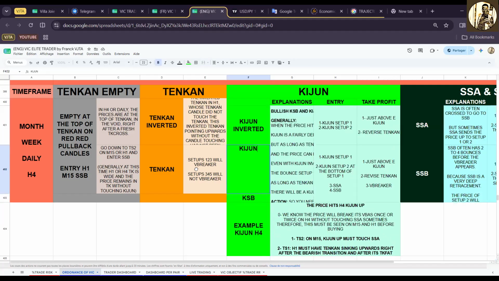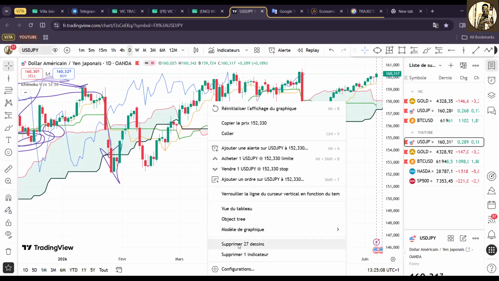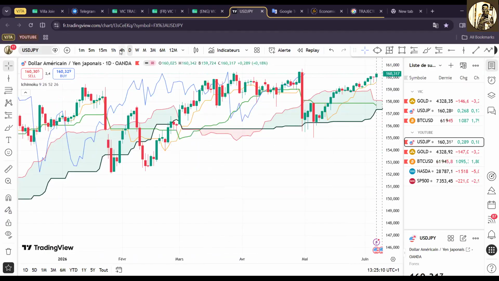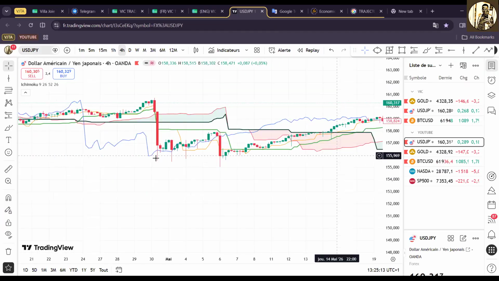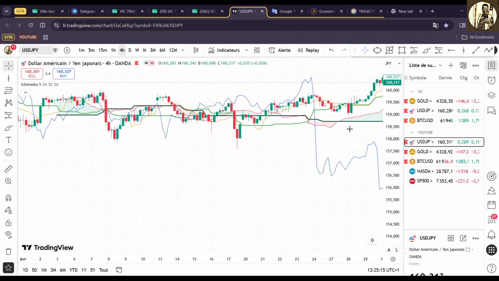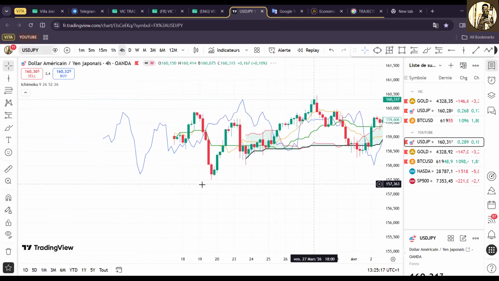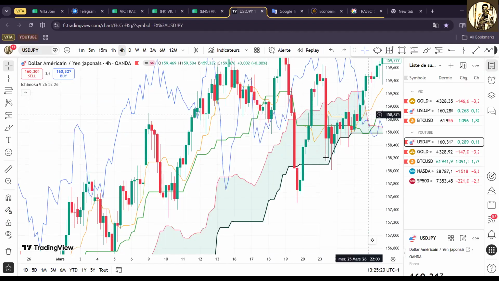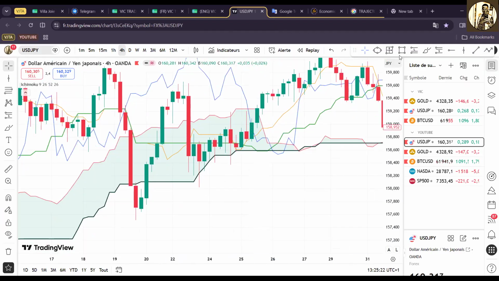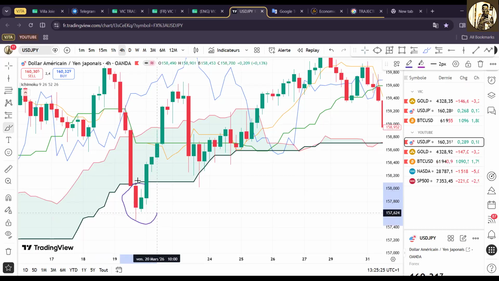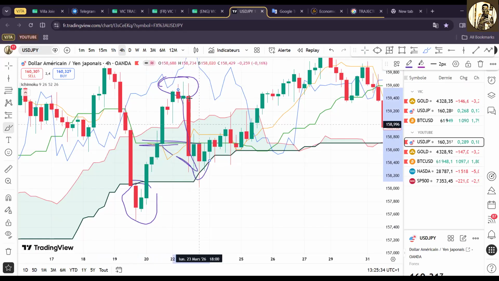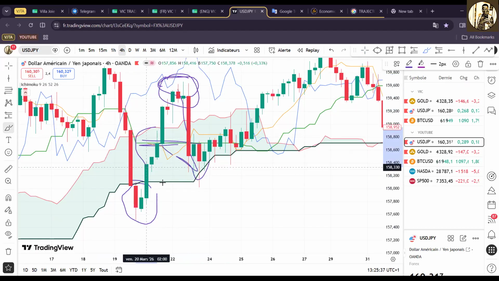So let me explain to you that it's something simple. It is this scenario when the price has already touched SSB, and then the price moved to the upside and the price is at this level, and then Kijun is inside the cloud with Tenkan, so the price will drop because Kijun and Tenkan are still inside the cloud.